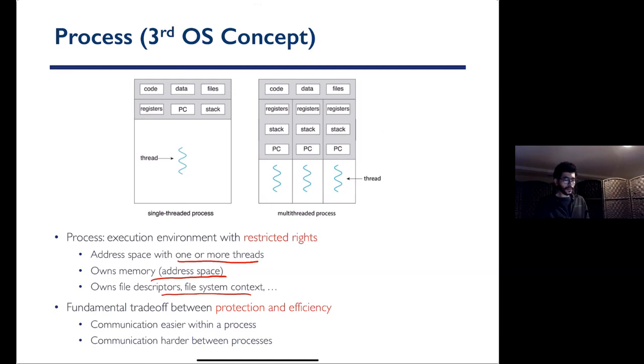Now, there's a fundamental trade-off between multiprocessing and multi-threading. And you should be aware of this as well. So you probably just know about it. In ECE 350, you're going to see why that's the case.